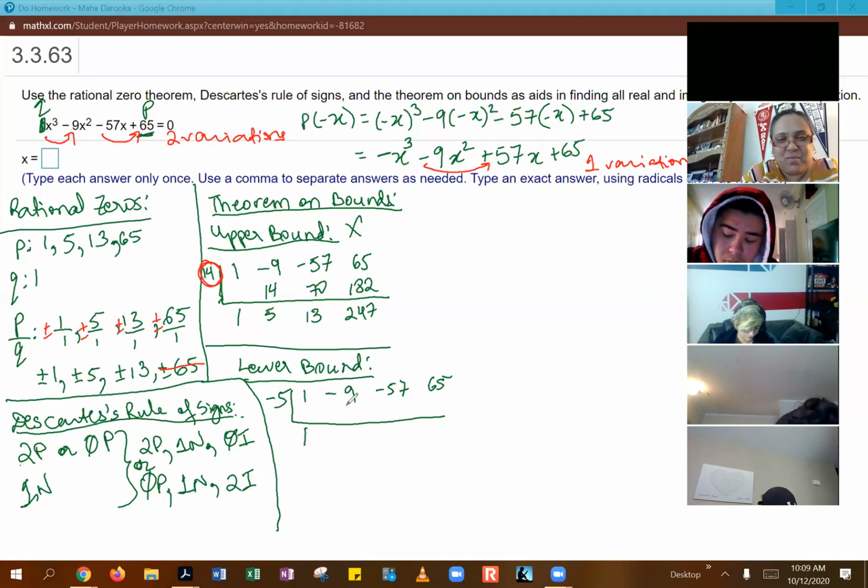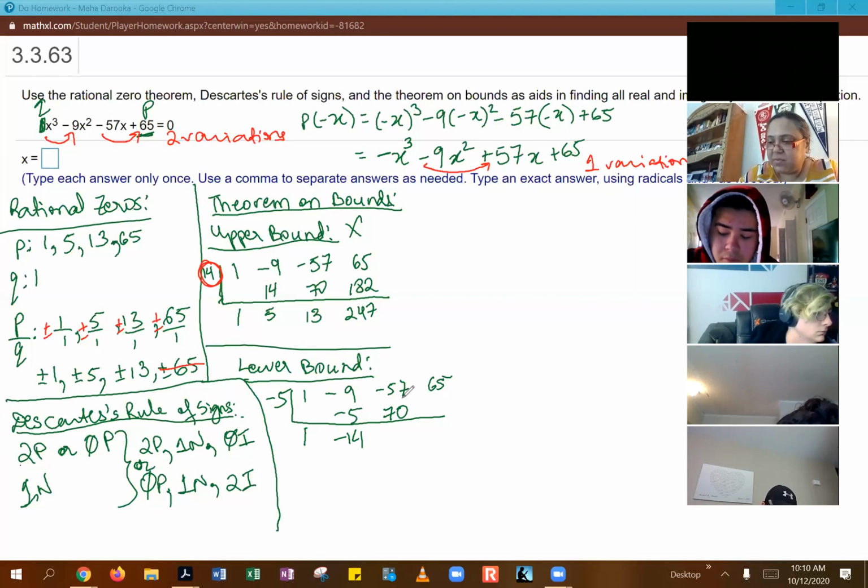Let's see, that would be 1 comes down as it is, -5, which would be what, -14? 14 times 5 gives us 70. And then 70 minus 57 will be 13. And that's a positive 13. So when you multiply positive 13 with -5, we will get -65, which ends up giving us 0.